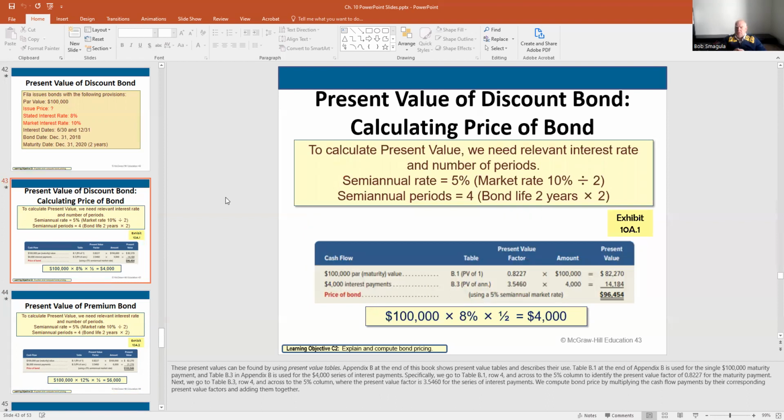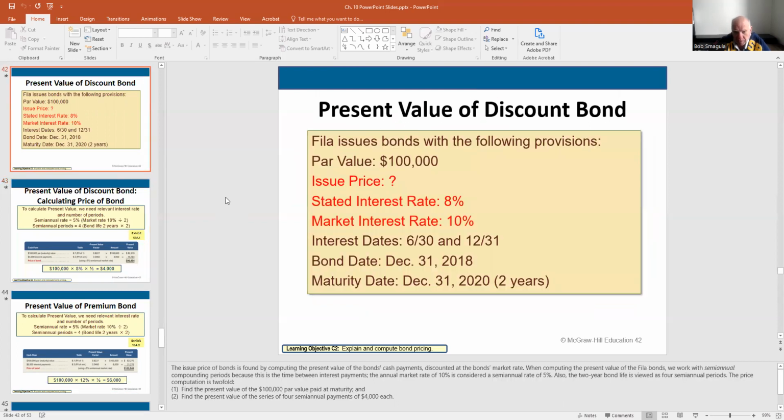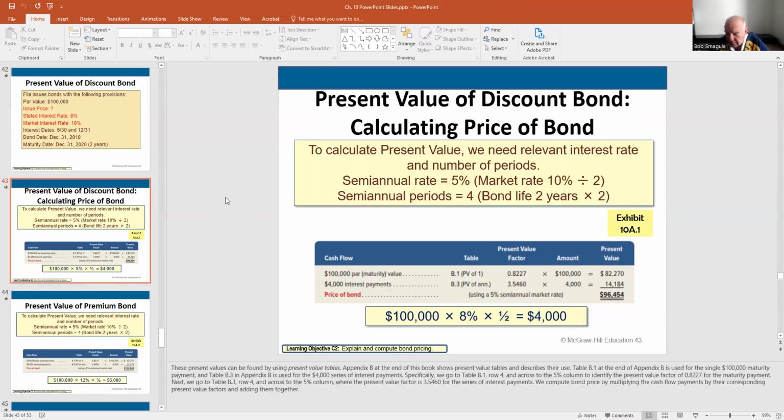When you go to use the present value tables, you are always working with the market interest. You are not working with stated interest. What happens if you use the stated interest? You're going to come right back to the $100,000. So we use the market rate. The market rate was, I believe, 12%, right?